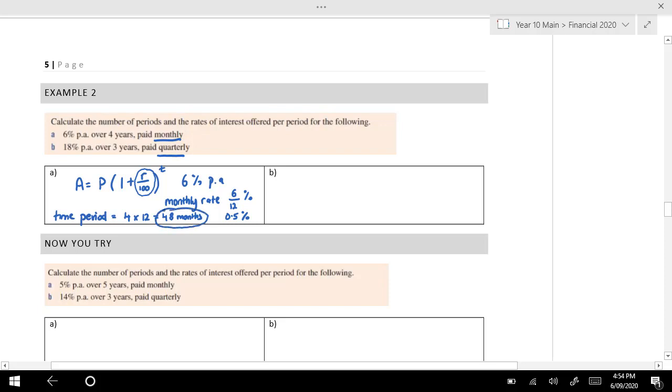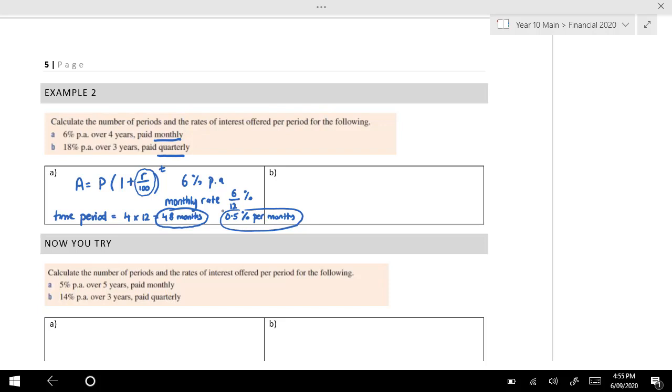So 48 months at 0.5% per month. Yes, it'd be nice if they gave 6% per month, but they're not. They're going to divide that per annum rate into 12 even lots, and you're going to get 0.5% per month. And as I talked about before, compounding more regularly is going to get you more money. It won't be a great deal, but it'll still be something.